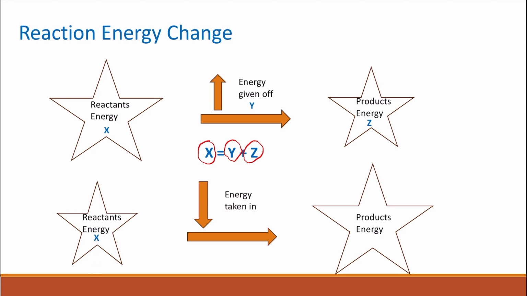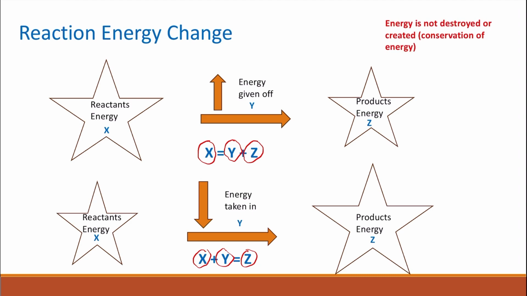If we represent the energy of the reactant by X, energy taken in by Y, and energy of the product by Z, then X, the energy of the reactants, plus the energy taken in, will equal the energy of the product. Again, this is because energy is not destroyed or created, it's just conserved, it moves around. So this is called the law of conservation of energy.